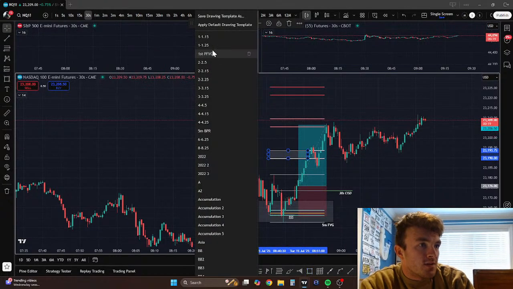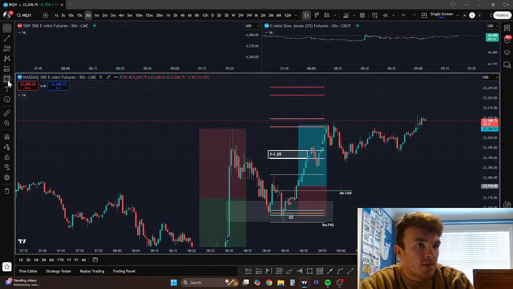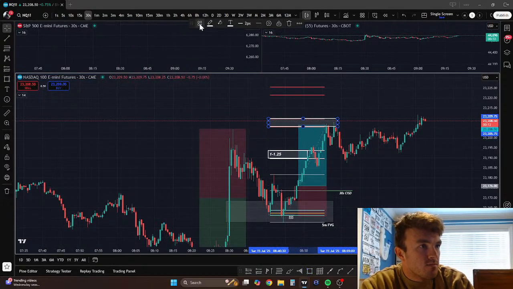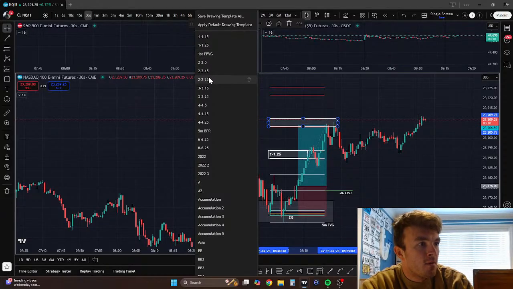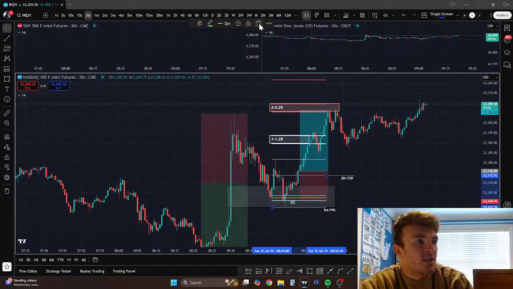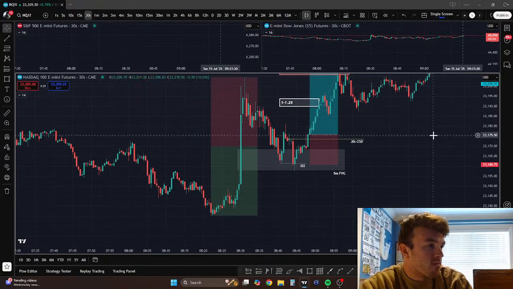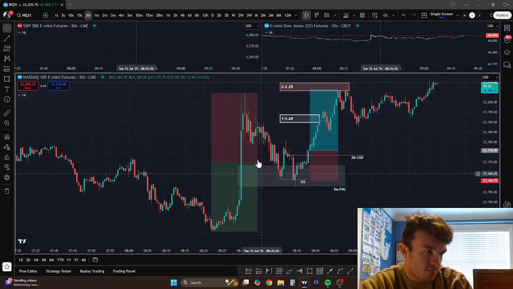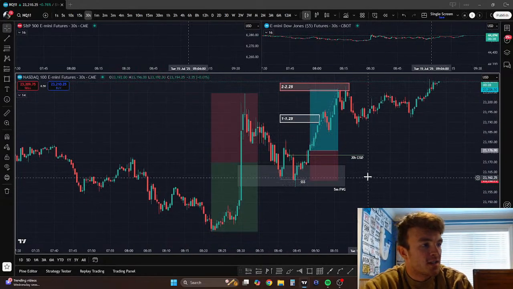So there's first. Here's second. Yeah, that was a nice trade. Five-minute gap, 30-second change state.